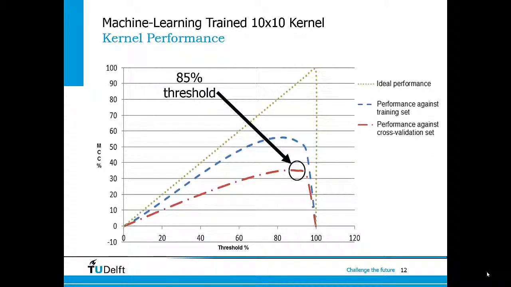Before going any further, we thought, well, we were training a 10 by 10 kernel. Is this just a relatively small, if you like, toy example, or is it something that can really be used in practice against a full field image? So before trying to improve on this performance, and it's clear what we can do to improve it, we thought, let's try it on a full field image, like this one here.